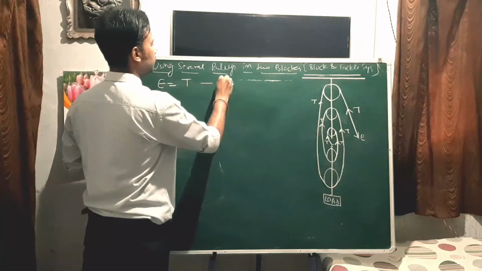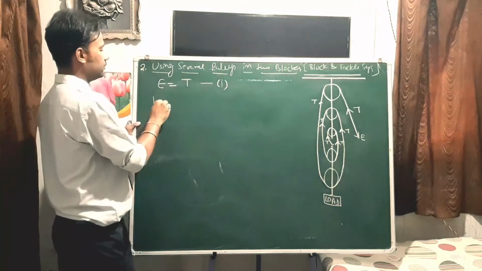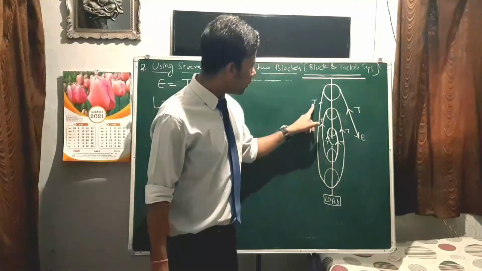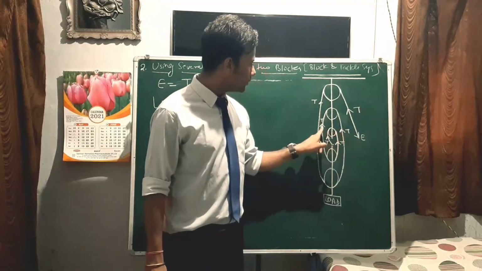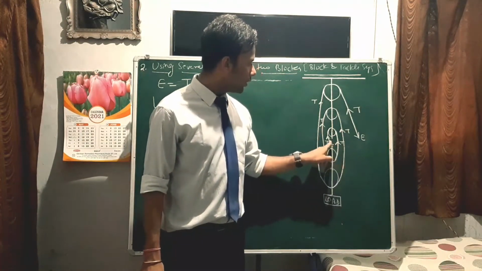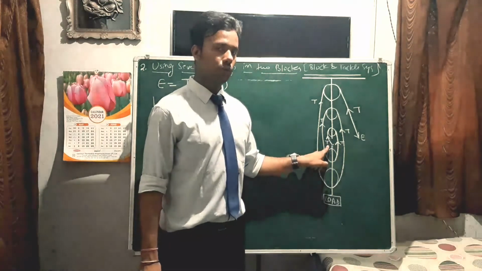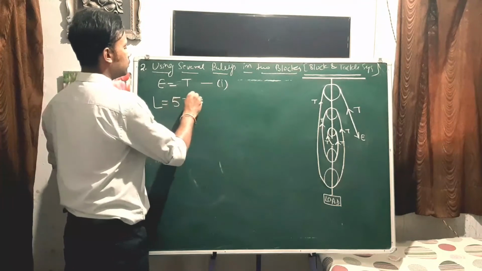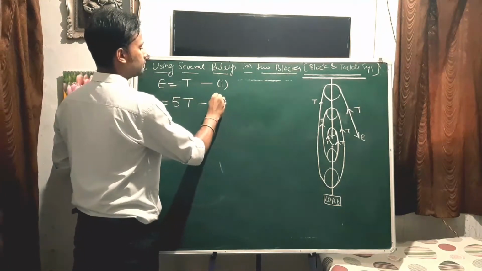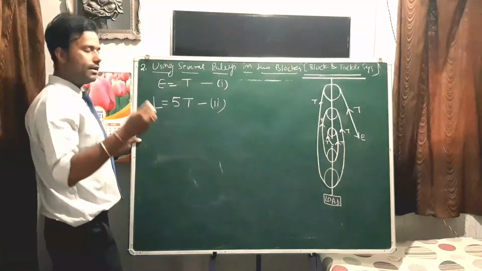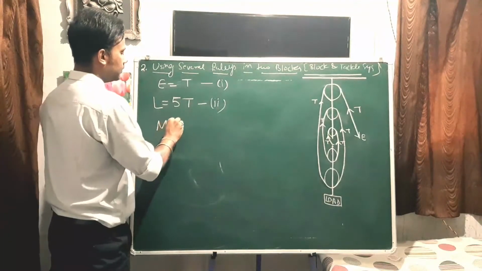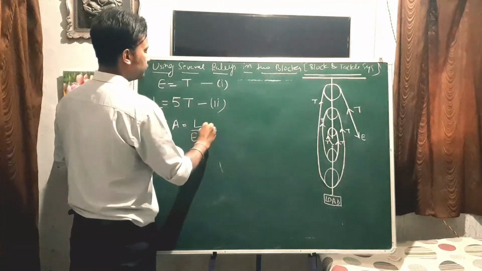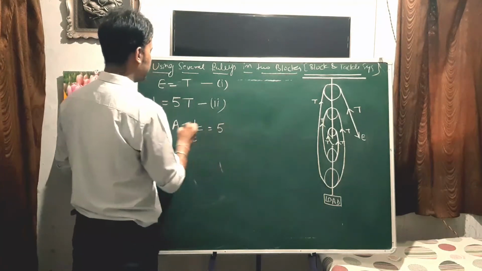Equation number 1. Load. Load is balanced by how much tension? See here. 1, 2, 3, 4 and 5. Load is balanced by 5 tension here, so load will be equal to 5T. Right, so what will be MA then? Mechanical advantage, we know that is load upon effort, and that will be 5.